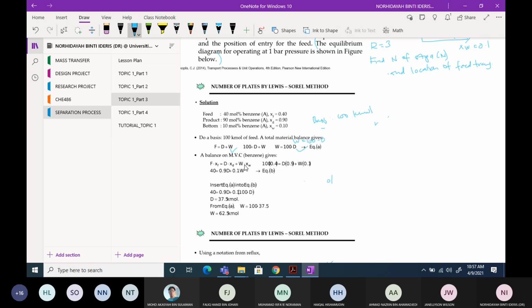So you do the component balance. Okay, I think this one is easy. So by right, you get the values of D and W. Right. So we'll solve it.